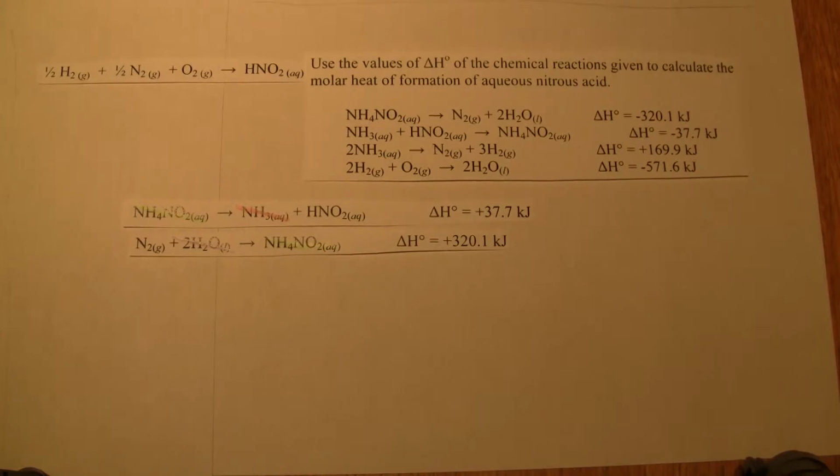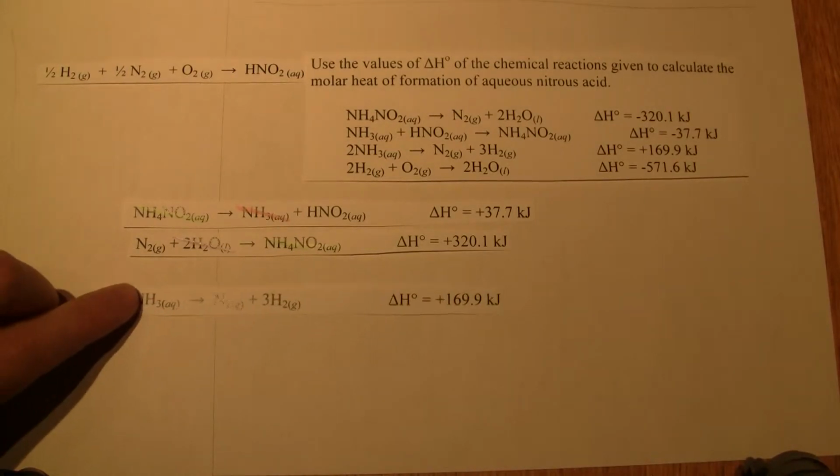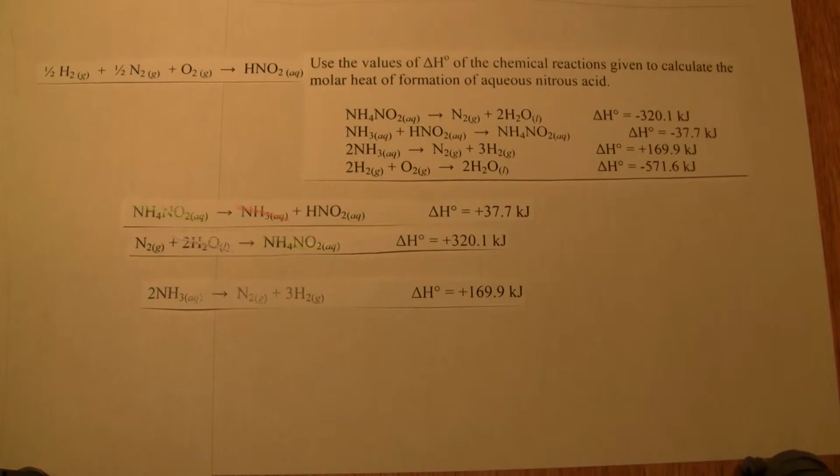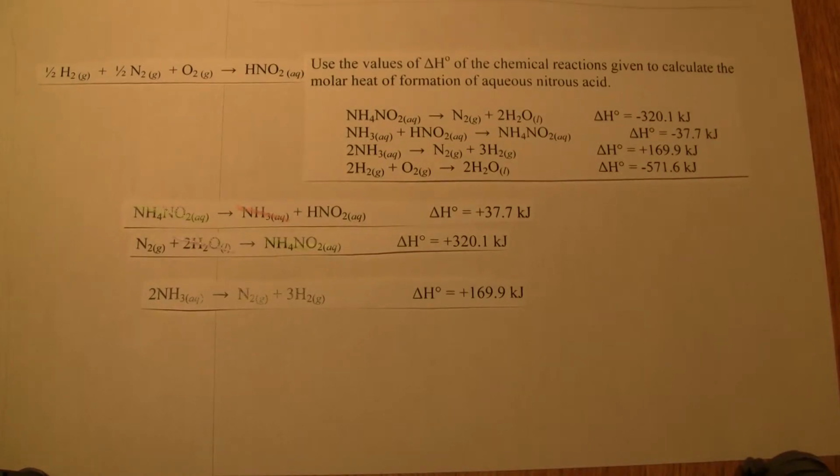So next I focused on the ammonia, the NH3, and this is a slightly different process than the two previous equations because this one doesn't need to be reversed. However, for Hess's law to be applied, we need to have the same number of moles on the product side and on the reactant side.